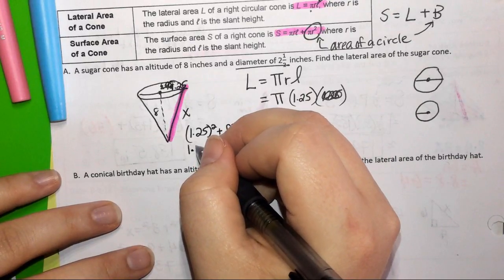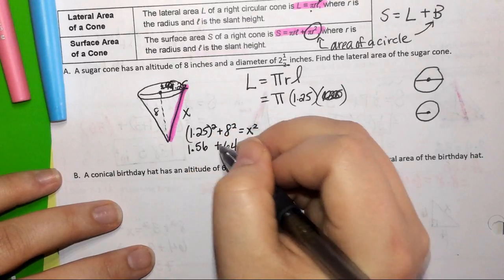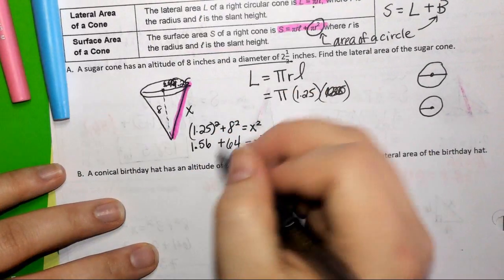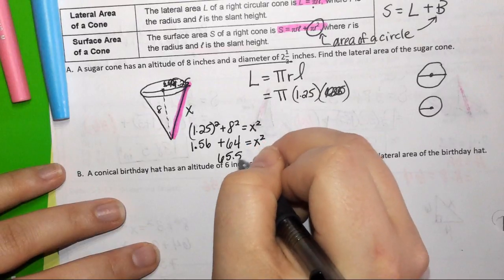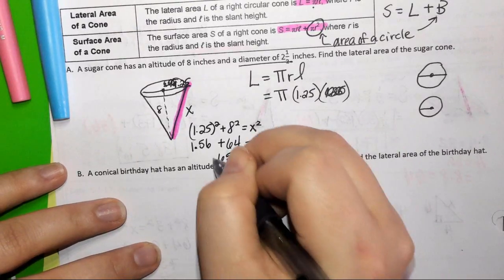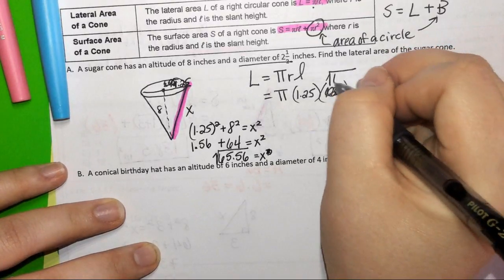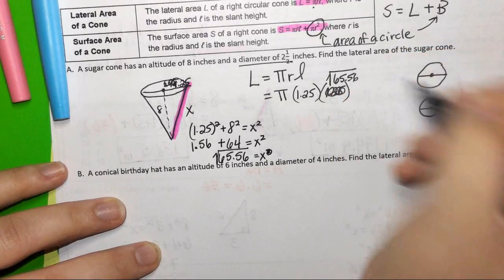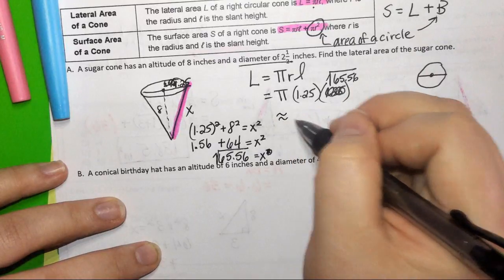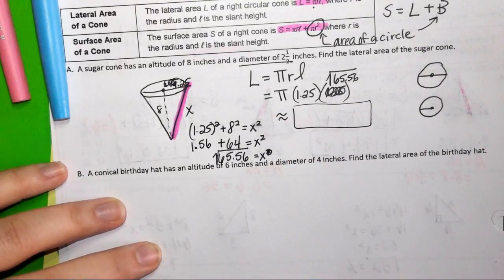Which one? 1.56, but if you round it, don't round yet. Okay, so we would get 65.56 equals x squared. So we need to take the square root of 65.56 for x. We would type this entire decimal in our calculator to get our answer.